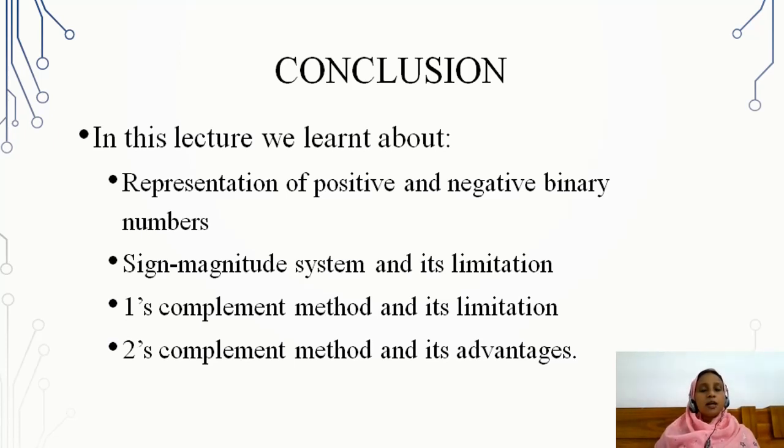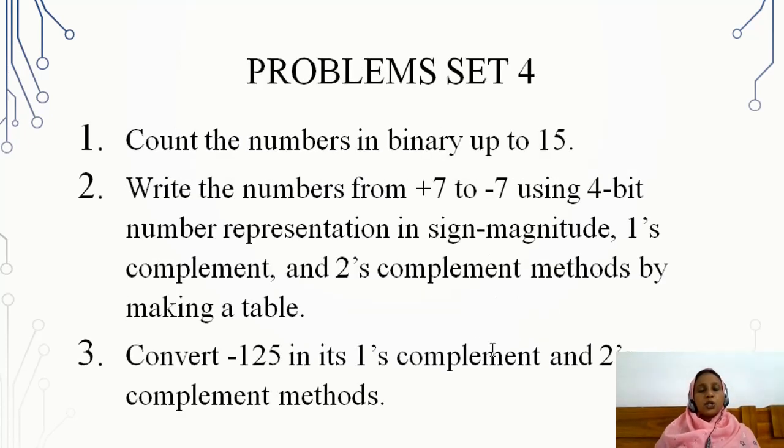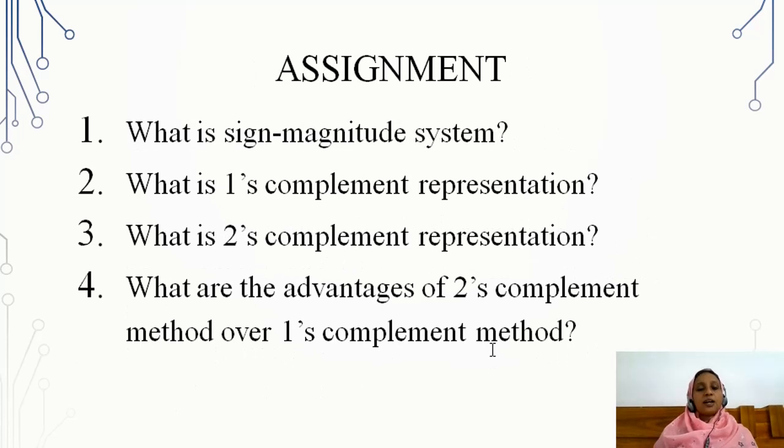Go through them and find the corresponding answers. Do these problems properly and verify that you learned everything correctly. Try to answer the questions in this slide. This helps you remember what you learned in this lecture. Thank you.